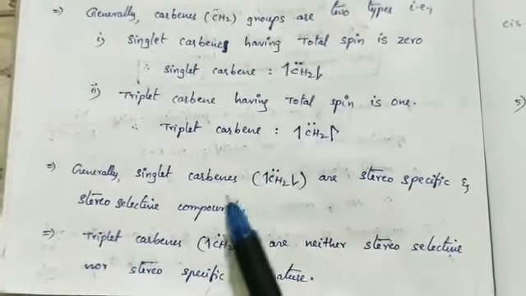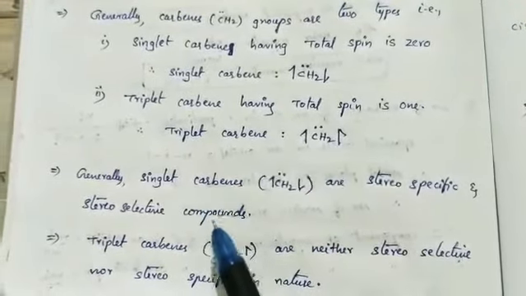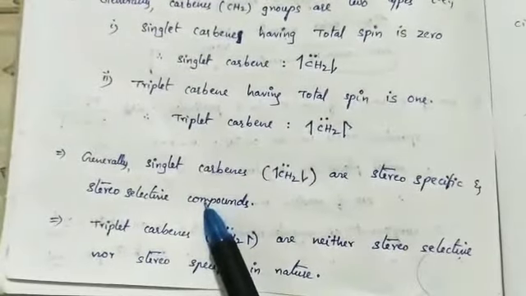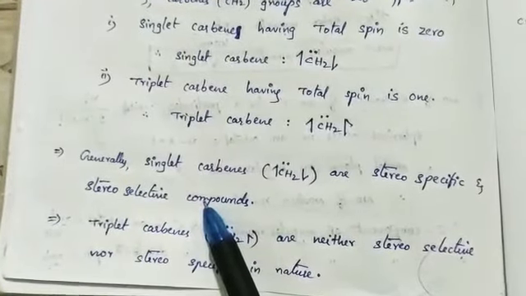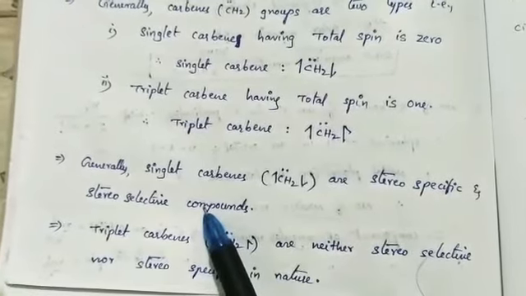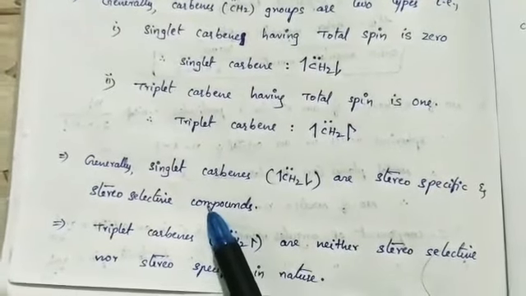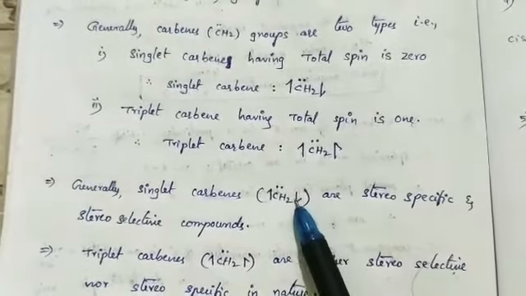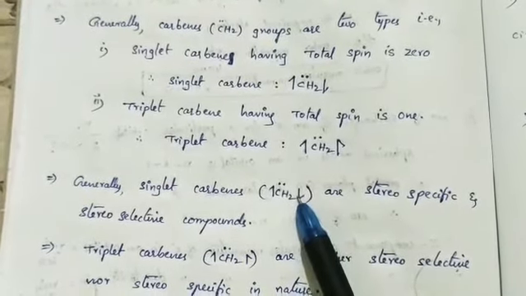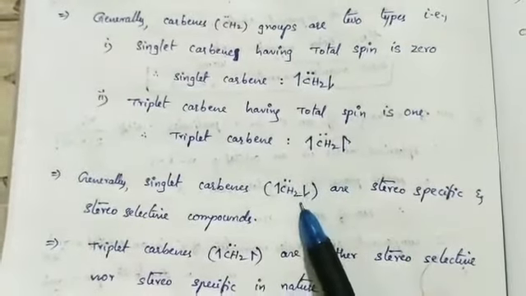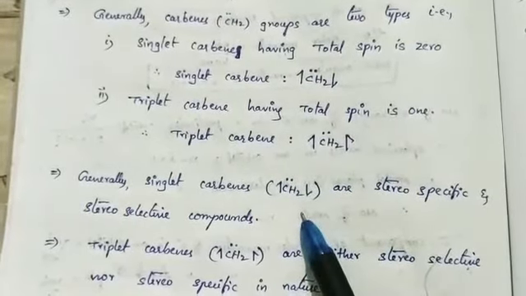Singlet carbenes are stereoselective, which means if you take a cis compound, the product is also a cis compound. If you take a trans compound, the product is also a trans compound. Stereospecific means the intermediate is involved in a particular direction, either from the top side or from the bottom side.